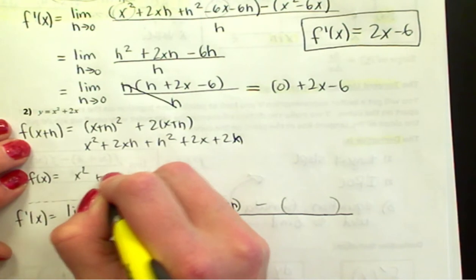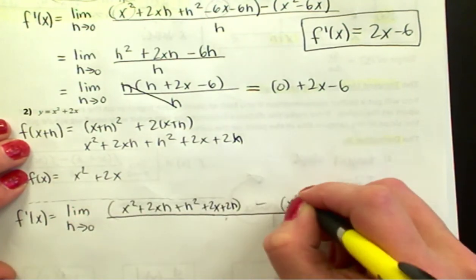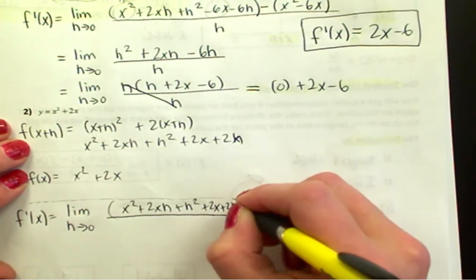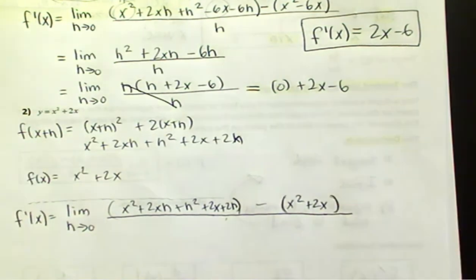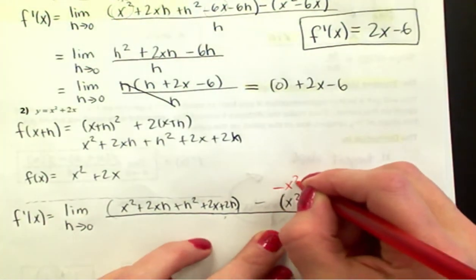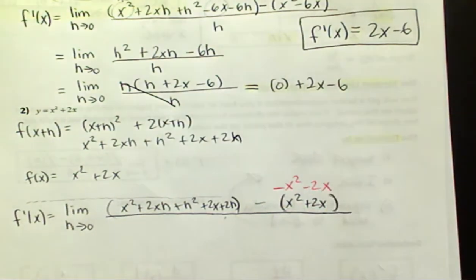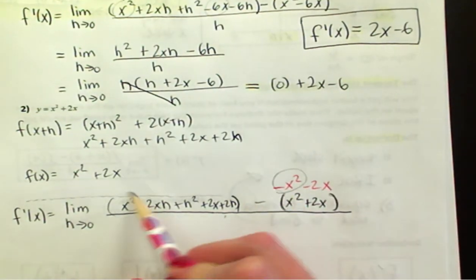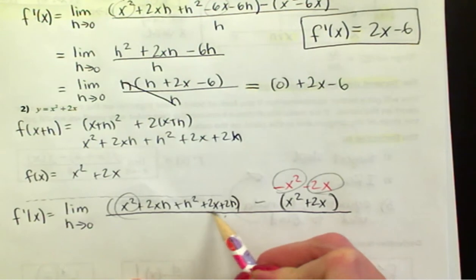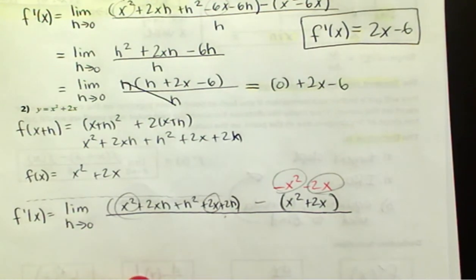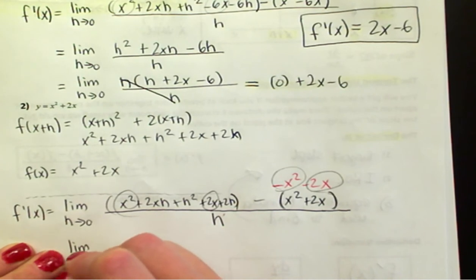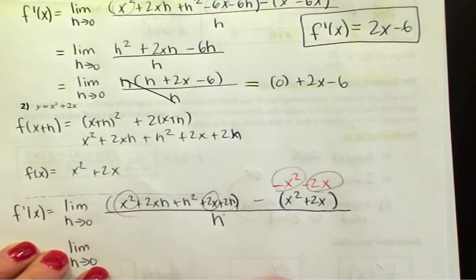Okay, x squared plus 2x. Okay. Right, it's subtraction, so be careful with that distribution. Okay, and then I look for my like terms, and everything with x's cancels out. Okay, this is all over h. The limit as h approaches 0.